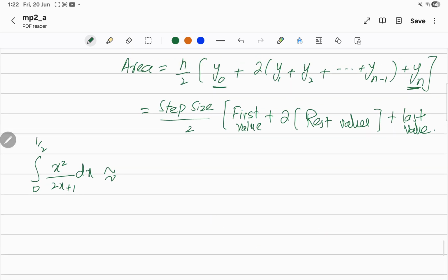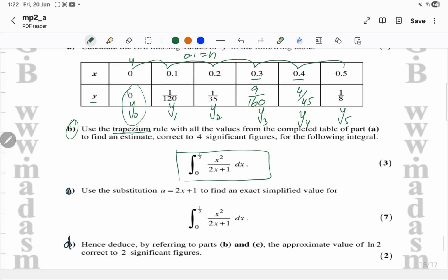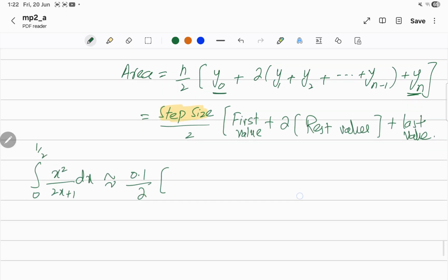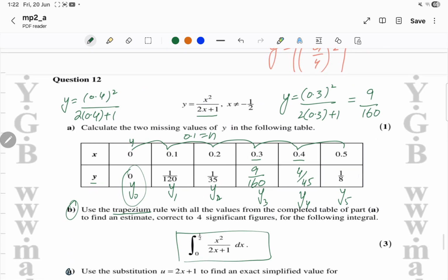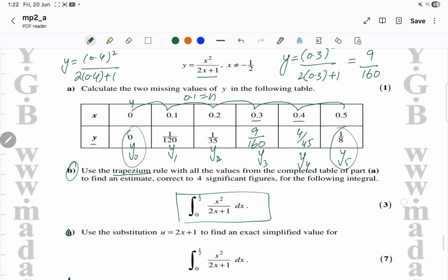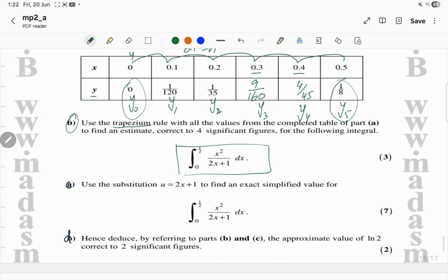Since the step size is 0.1, over 2, and the first value from the table, y0, which is 0, plus the last value, y5 actually, which is 1 over 8, and plus we need to consider 2 times the rest of the values in the middle.